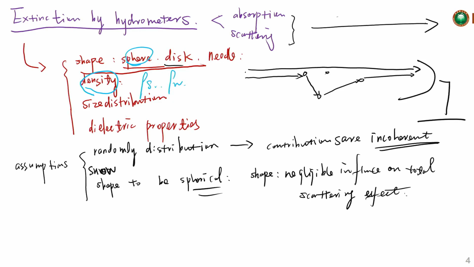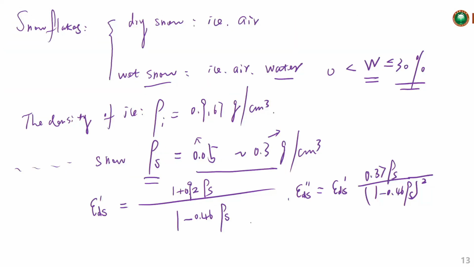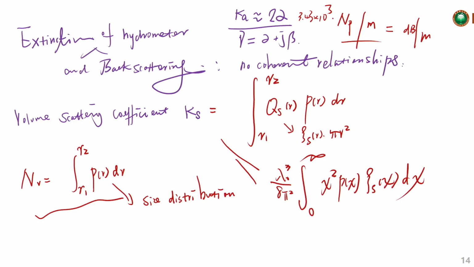Rho_s depends on the composition of the particle elements, and we analyzed the dielectric properties, right? So now we finally concentrate on the size distribution. The size distribution is expressed as p(r) in this calculation, or p(chi), right? So here it is the size, or drop size distribution.